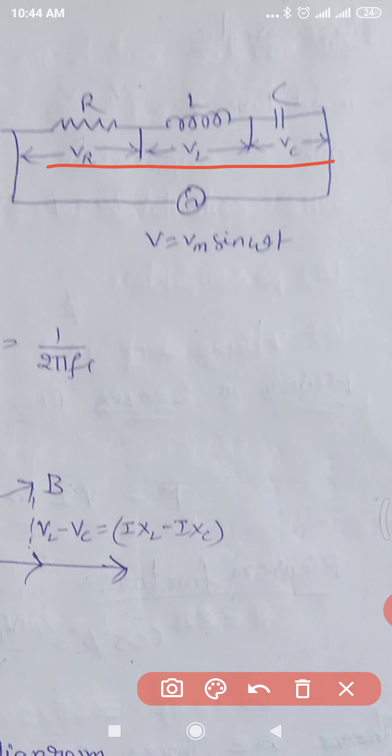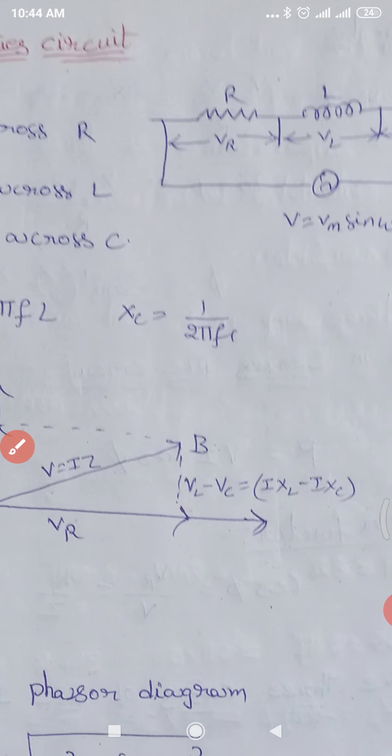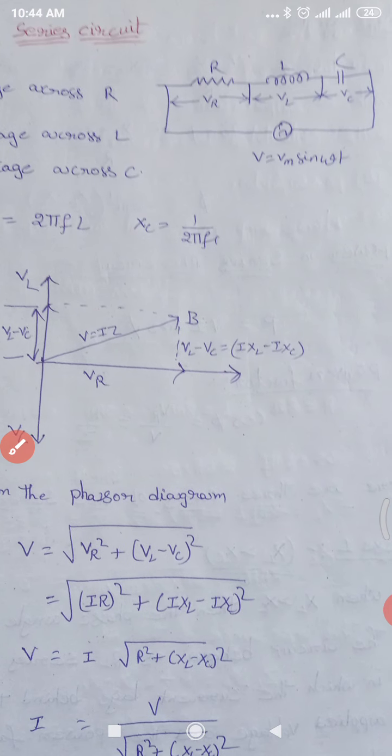Let us consider VR is the voltage across the resistor, VL is the voltage across the inductor, and VC is the voltage across the capacitor. Now these three series elements are excited by an AC supply, that is V equal to Vm sin omega t.